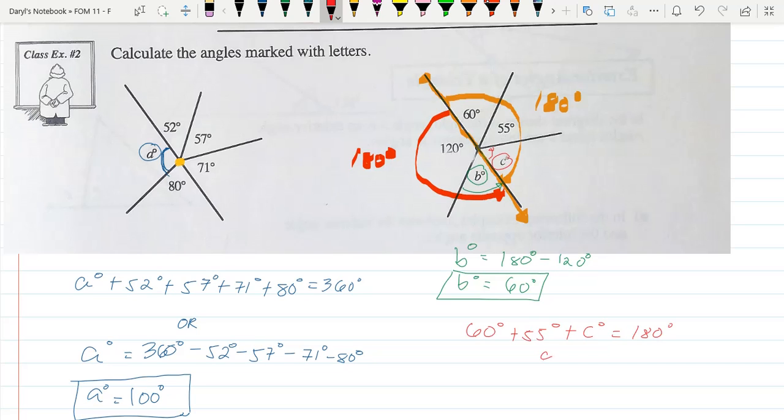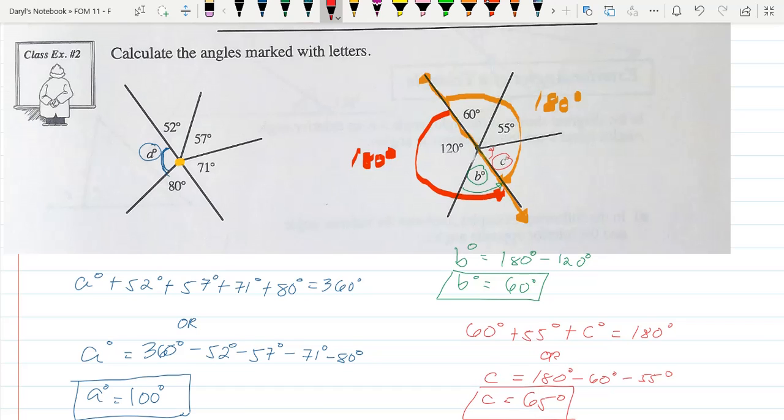So C is just 180 degrees minus 60 degrees minus 55 degrees. That would be 180 minus 60 minus 55, which gives you 65 degrees. So C is just 65 degrees.